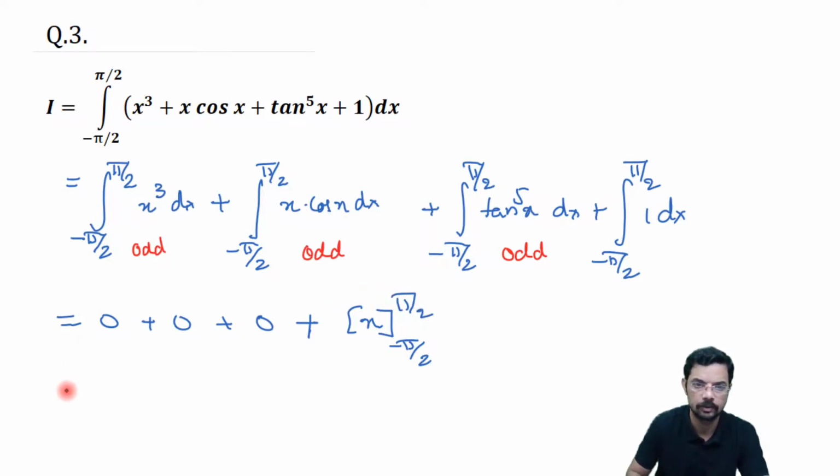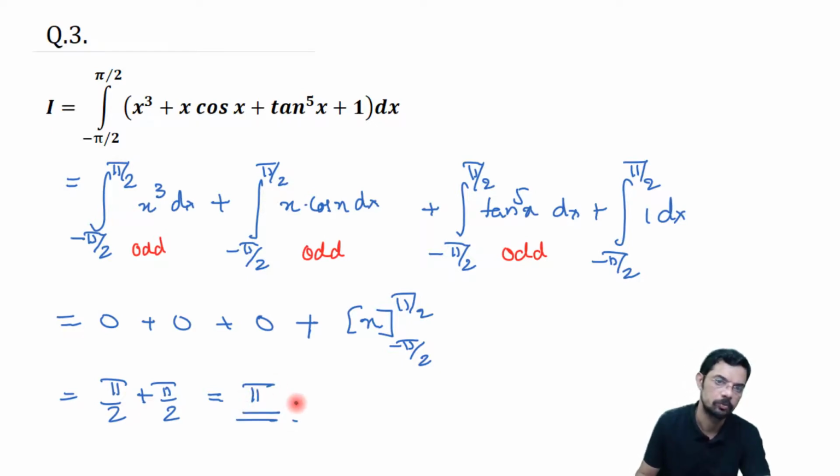Just put the values. So it is pi by 2 minus of minus pi by 2, that is equal to pi by 2 plus pi by 2, which is equal to pi. So this is the answer.